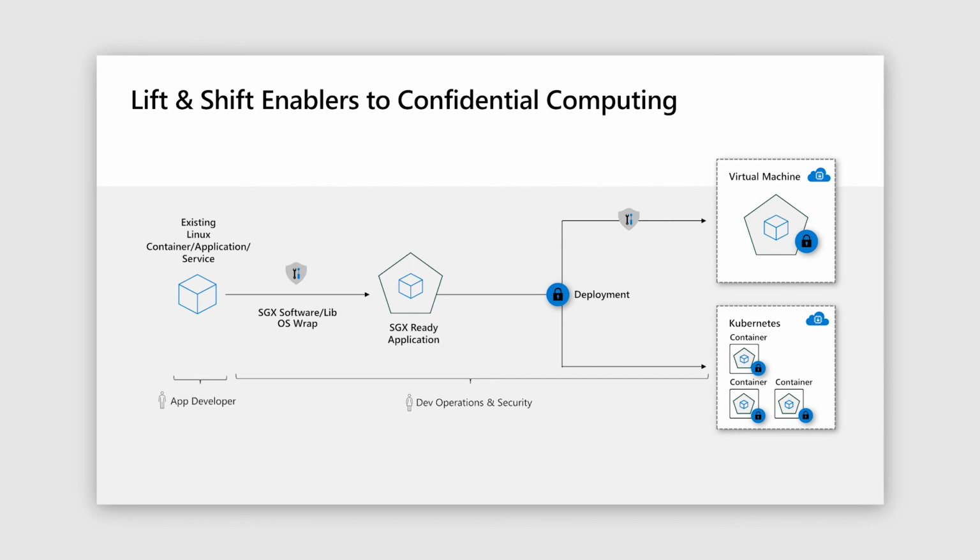Confidential containers will enable existing unmodified containers and all of its code to run inside these enclaves. These containers provide data integrity, code integrity protection, and data confidentiality in a hardware-backed trusted execution environment, thus improving the security posture of your applications.